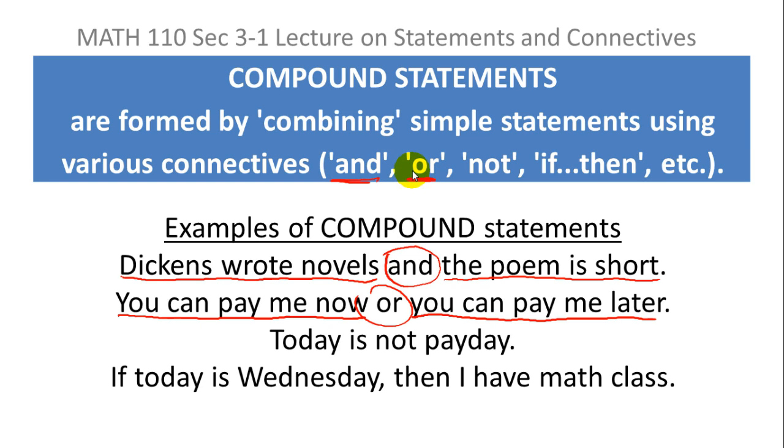The third one, I have to explain a little bit. You think of the base statement as being today is payday. We're not going to go into the details. We're only overviewing this chapter on logic.